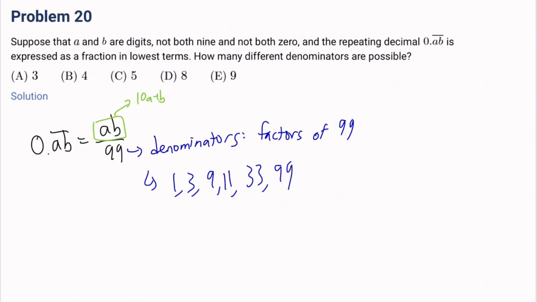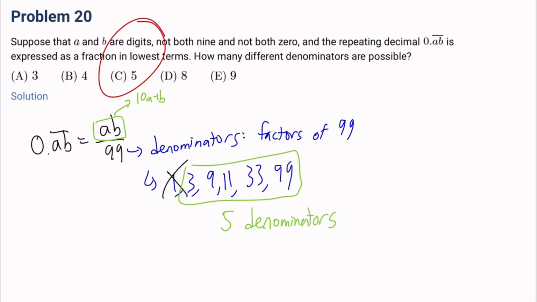But then the denominator cannot be 1, right? Because if it's 1, then that would mean that AB is 99. But they can't be both 9, so 1 is not possible, and so therefore we have 5 numbers. So 5 denominators are possible. The answer is 5.